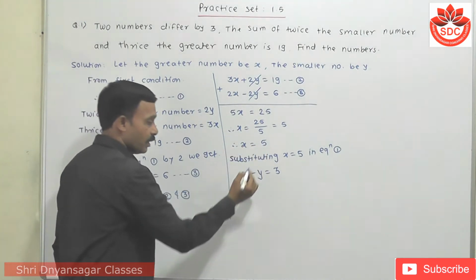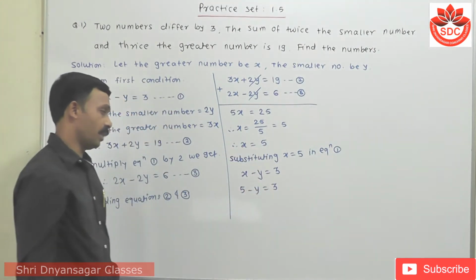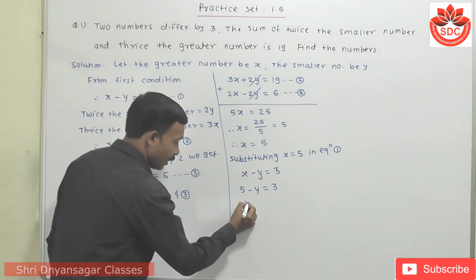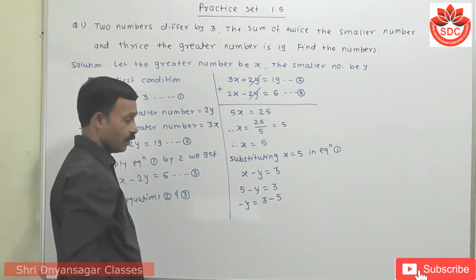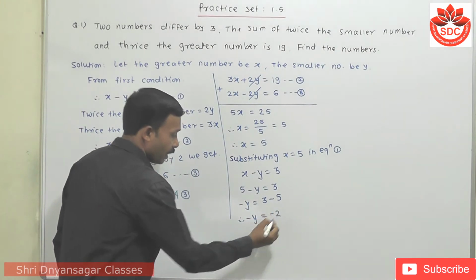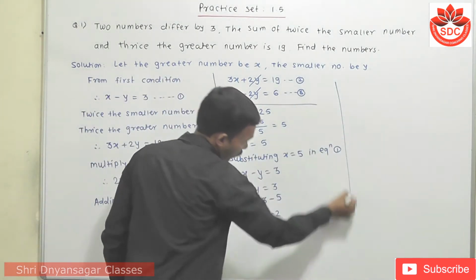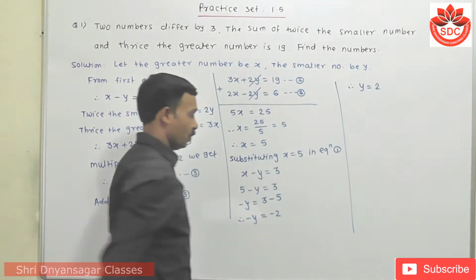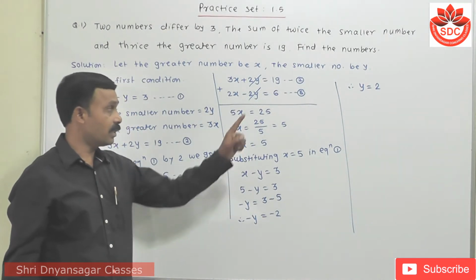Substitute the value of x as 5: 5 minus y is equal to 3. Transpose this 5 to the other side, we get minus y is equal to 3 minus 5. Therefore minus y is equal to minus 2. Both having minus sign, so we change their sign also. Therefore y is equal to 2.